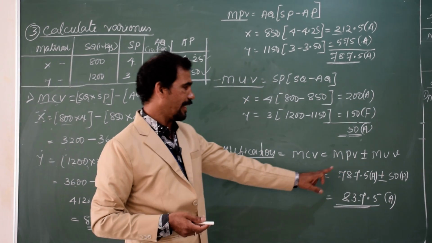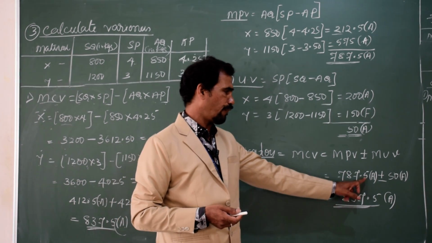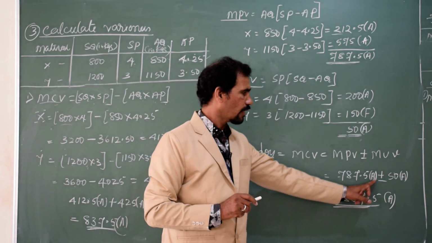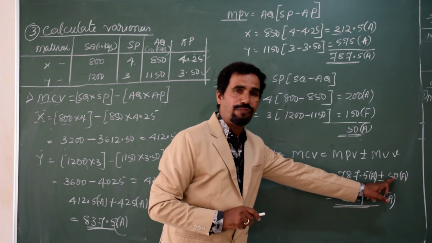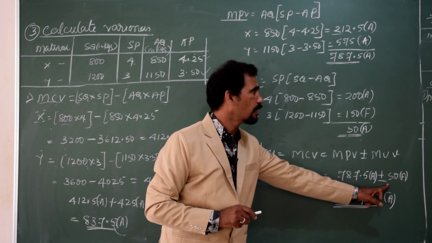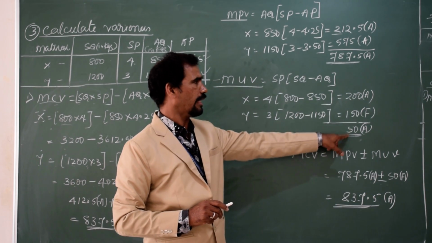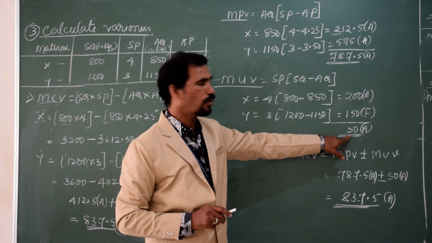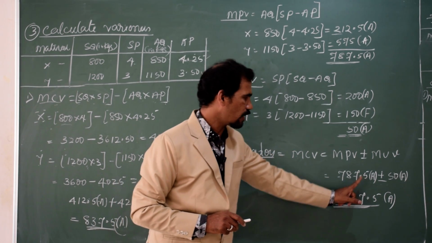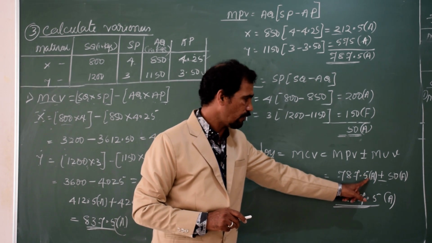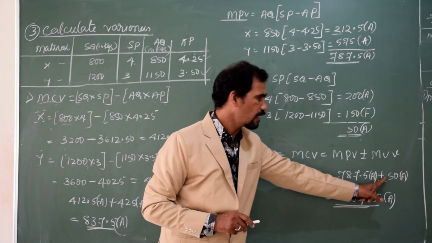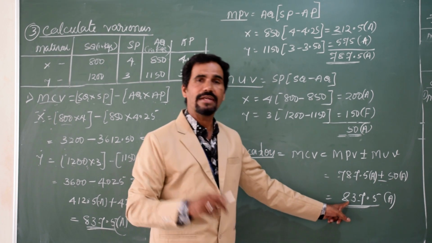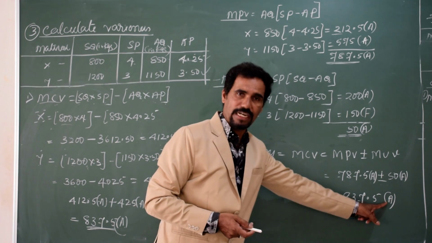Material price variance is 787.5 adverse, plus or minus 50 for material usage variance. The material usage variance we already have, 200 for material A and 150 for material B, so 50 is adverse. Here 787.5 adverse plus 50, totally 837.5 adverse.